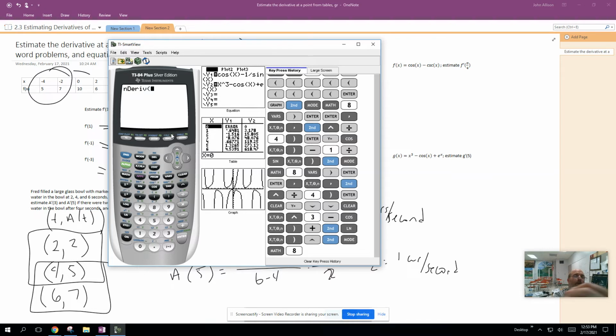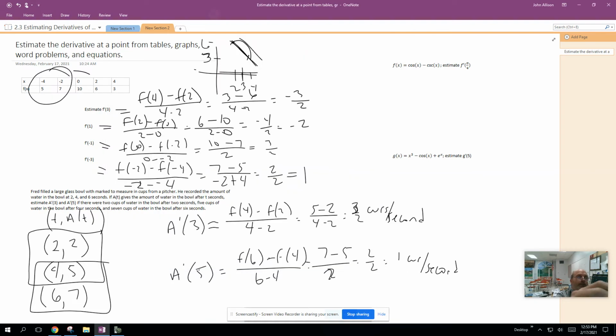What's going to show in your calculator with the new operating system is, when you type in that nDeriv, it's going to show d, and then d with a box.